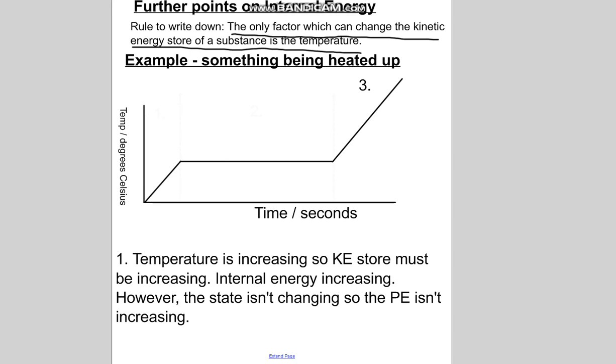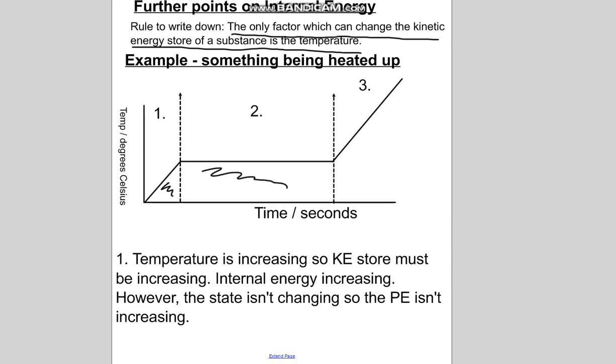So let's have a look at this temperature graph here. I've broken it up into three sections. Section 1 is this bit here. Might just shade it in to make it a bit clearer. Section 2 is this bit here. And section 3 is this bit here.